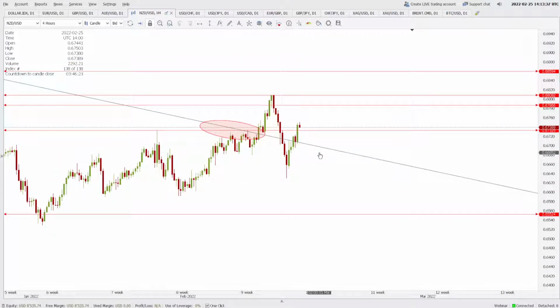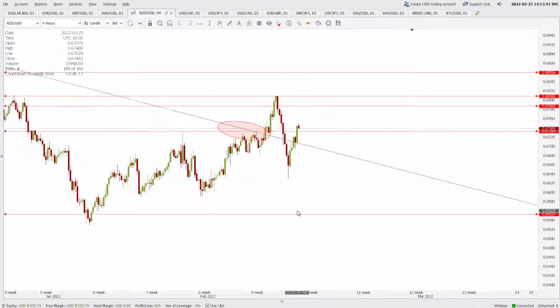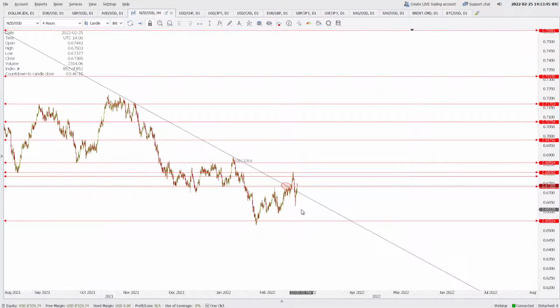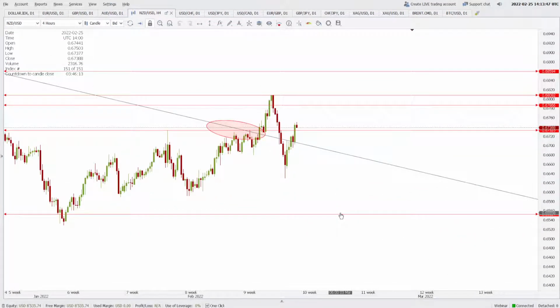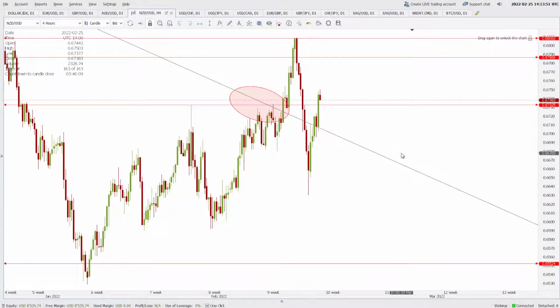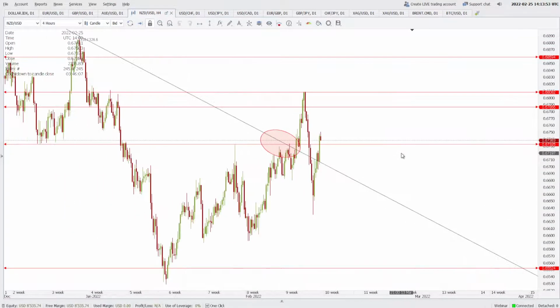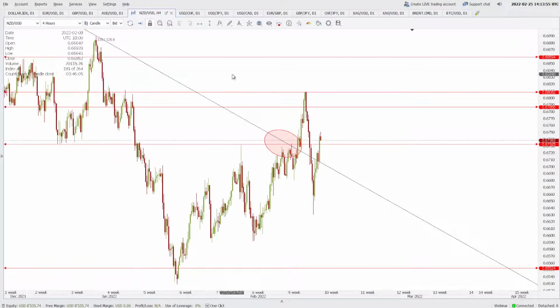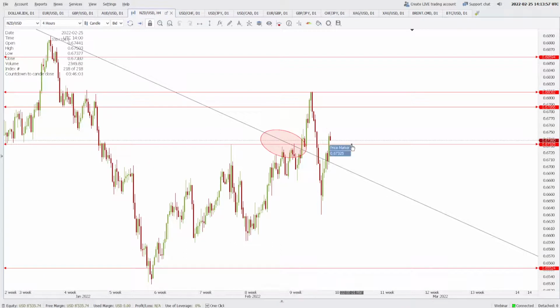So you can open buy positions with a small stop loss below this area or even below the 0.6552 area. I think this is a good call to the long, but I'm not supposed to recommend you anything, so you can keep your eye on this pair to buy it in the cheaper price range. So right now 0.6732 is the immediate support and 0.6786 is the immediate resistance.